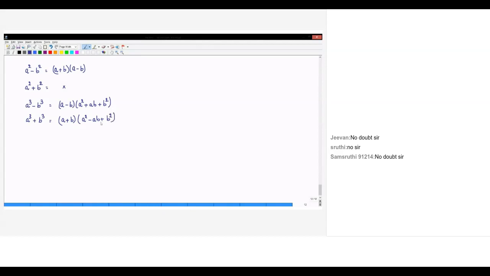A cube plus b cube is a plus b into a square minus ab plus b square. You can write it as a square plus b square minus a square minus b square. What is a square minus b square again? A plus b into a minus b.